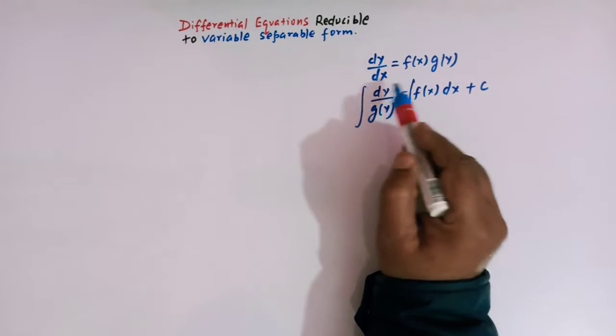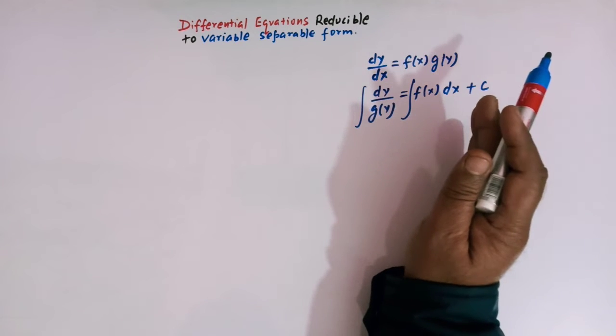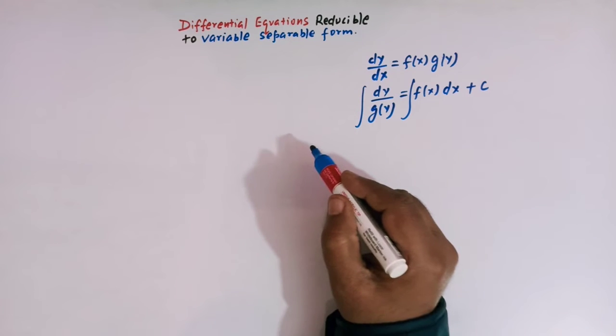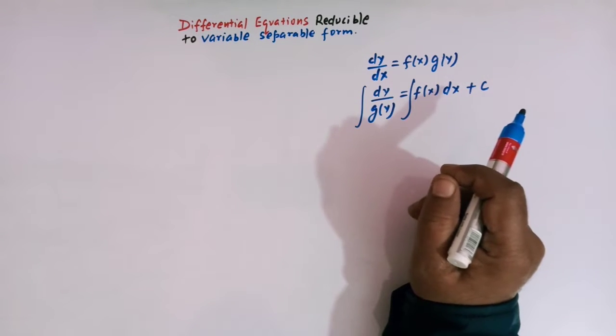So if we have a differential equation of this type, we separate the variables, that is we take the x variable to one side and the y variable to the other side, and then we integrate both sides and we can get the solution.